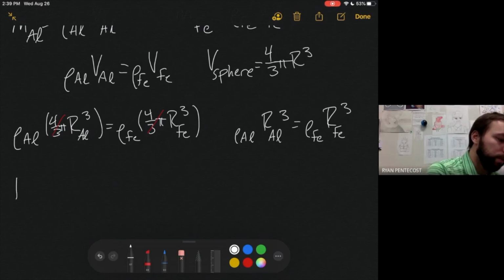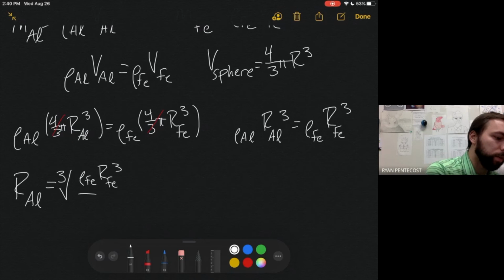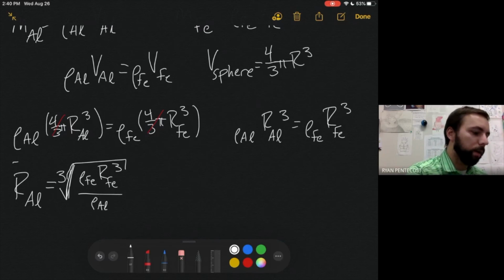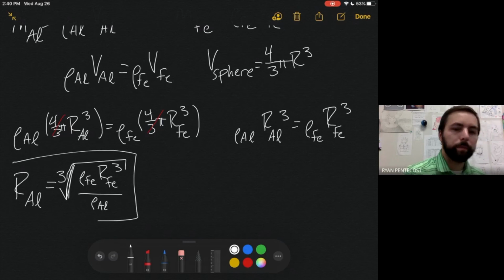So the radius of the aluminum sphere equals the cube root of the density of the iron sphere times the radius of the iron sphere cubed, divided by the density of the aluminum sphere. And that is your answer.